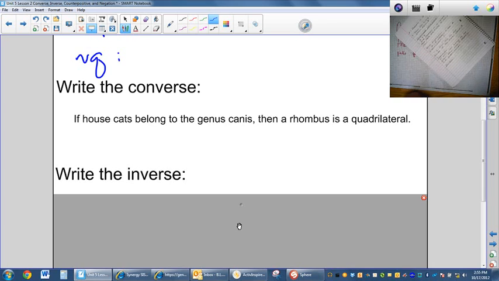So the inverse is going to be if not P, then not Q. So what is the inverse?